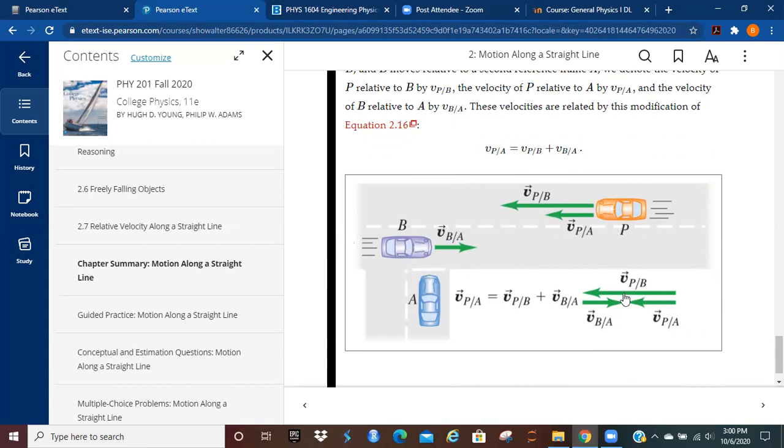By adding all of these vectors together, you can see the relationships between how all these work. You've got the velocity of P relative to A is equal to the velocity of P relative to B plus the velocity of B relative to A. The magnitudes are all the same. Depending on how you add them up is how you can get the vectors running in the same direction.